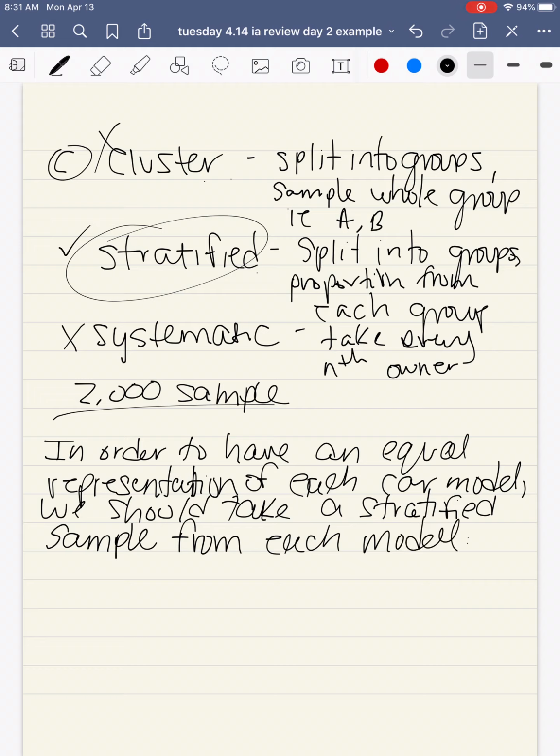Okay, so we've stated what we're going to do, but we need to describe how we are going to get the 2,000 here.